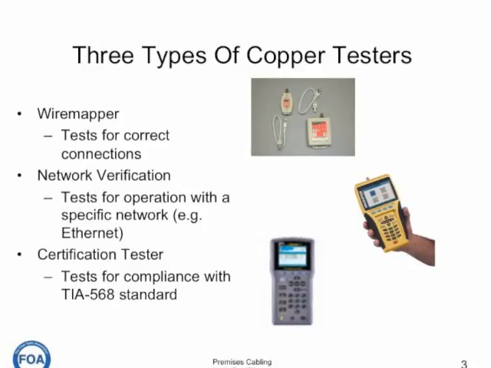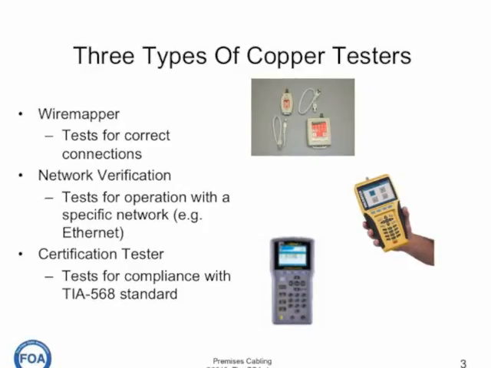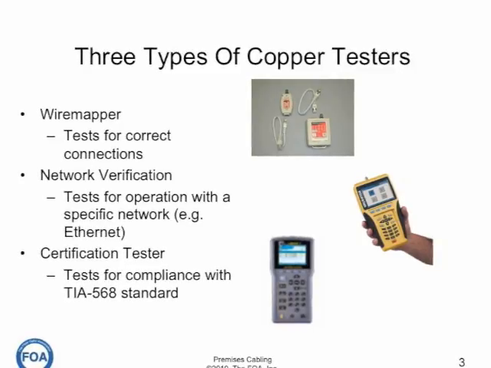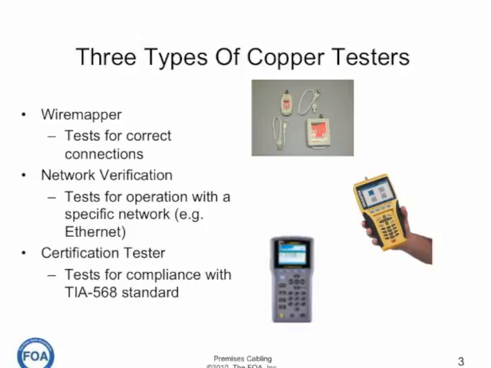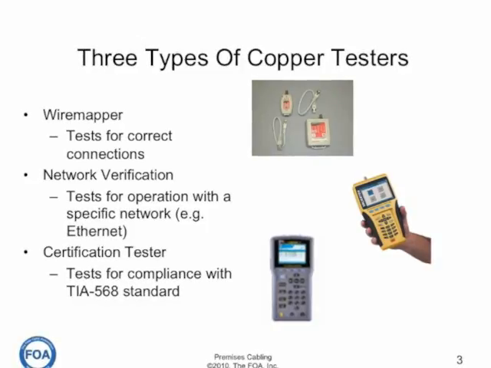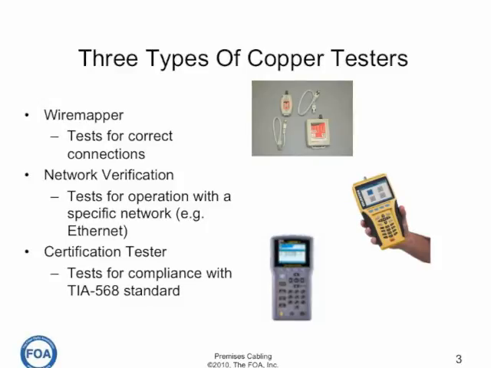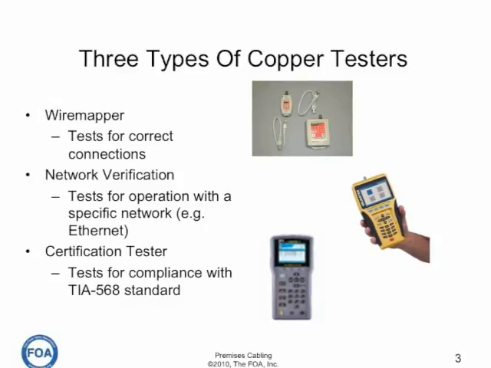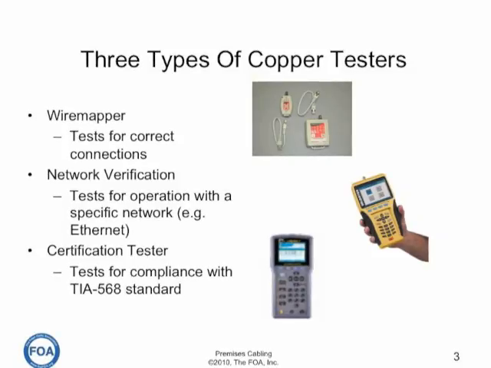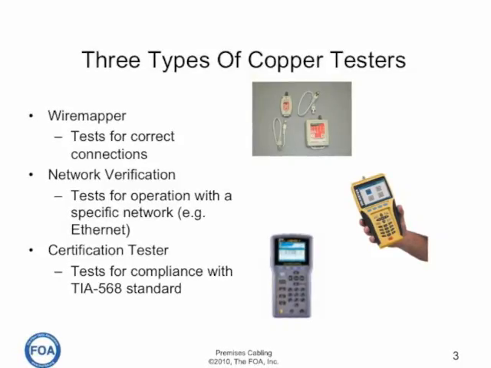There are three basic types of copper testers used on UTP cables in premises cabling. A wire mapper tests for correct connections, something that every installer should do as soon as they finish making a connection. There's network verifiers, a new type of tool that tests for operation with a specific network, for example, Ethernet.